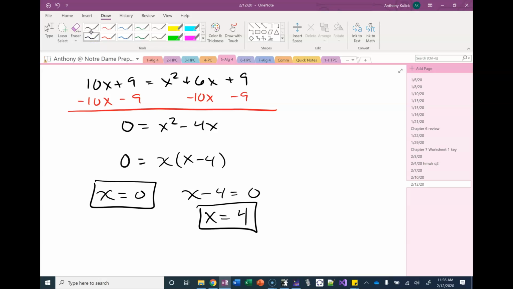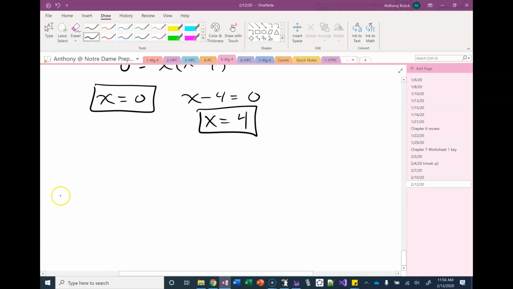Are we okay with this kind of a problem? Okay. Let's look at another kind that is similar, but not identical.